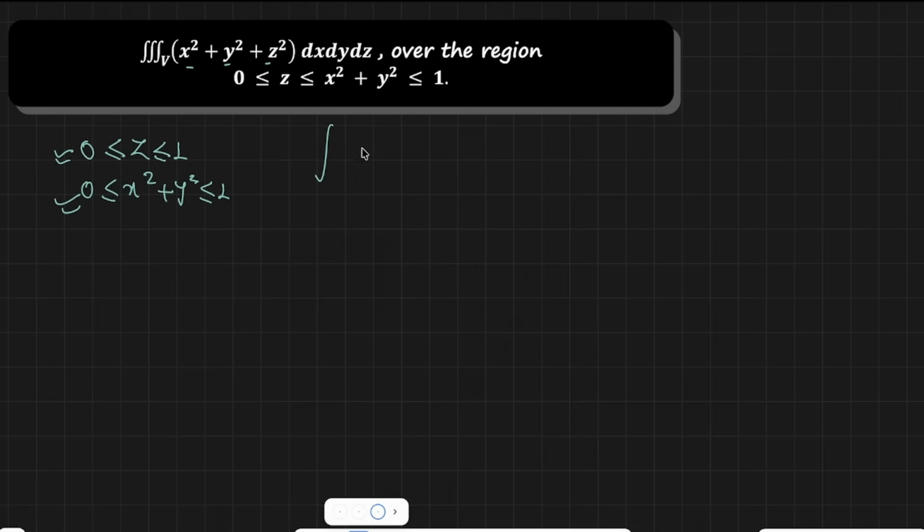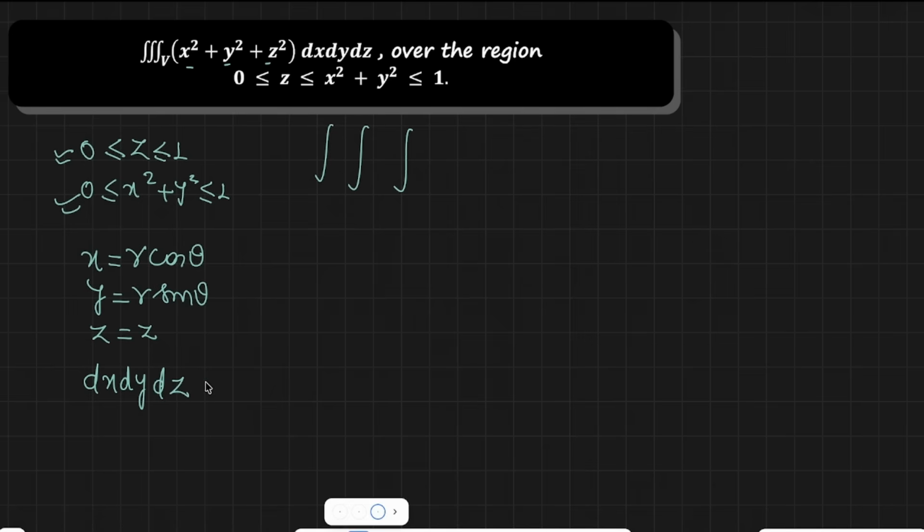In cylindrical coordinates, x is equal to r cos theta, y is equal to r sin theta, z is equal to z. And dx dy dz becomes r dr d theta dz, so you replace it with r dr d theta dz.